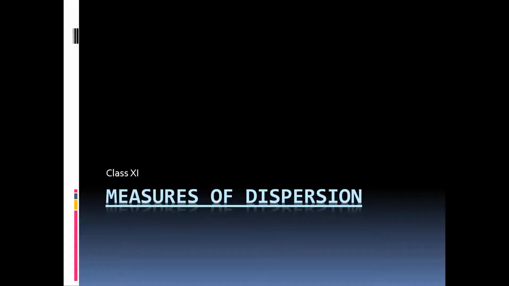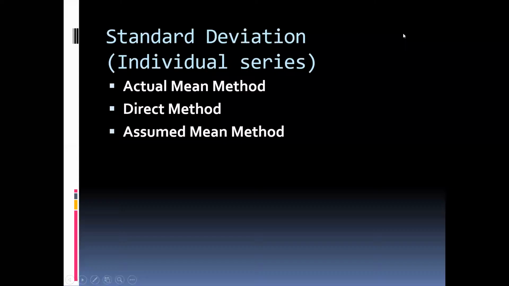Now in today's class, we'll be learning another measure of dispersion, that is standard deviation. Now all of us know that there are three types of series: individual series, discrete series and continuous series.